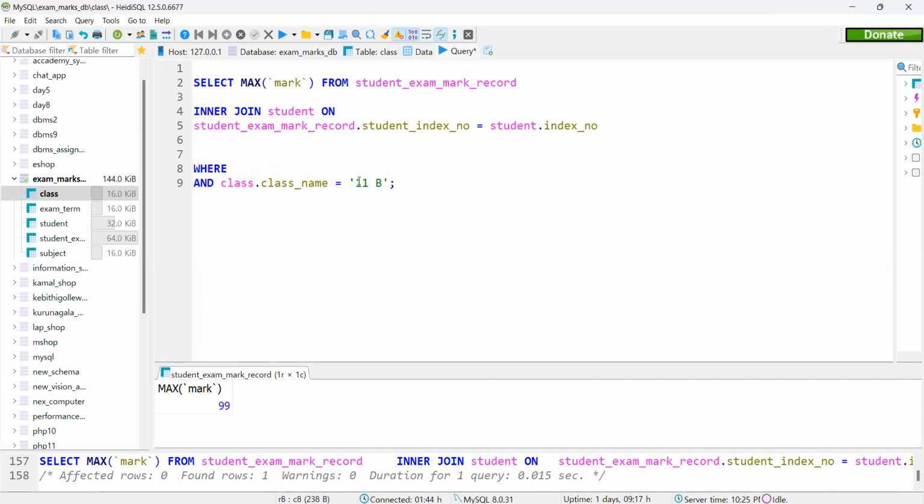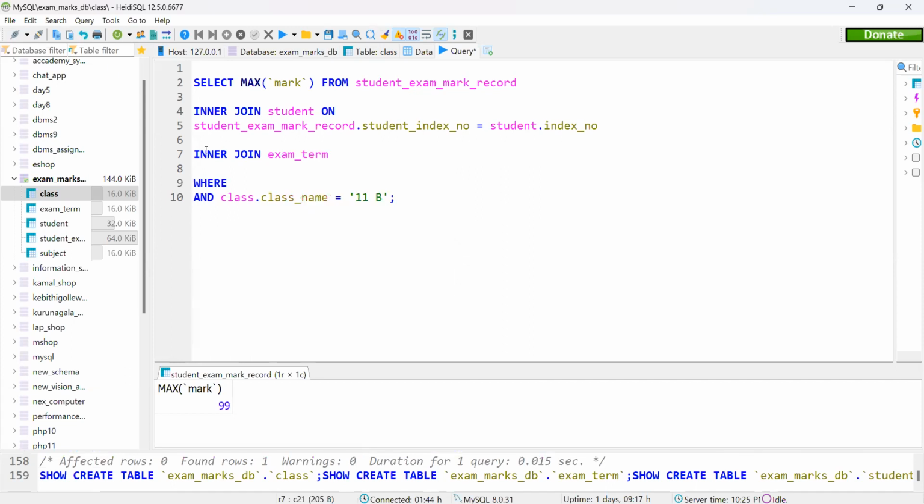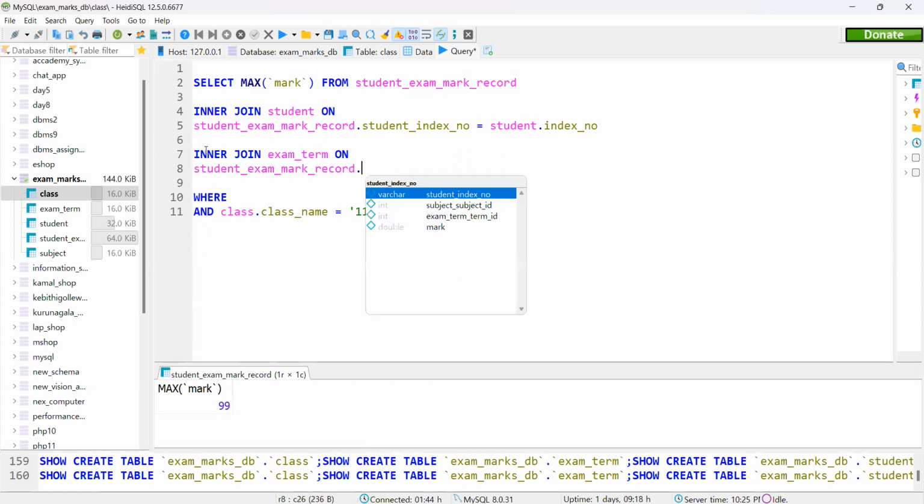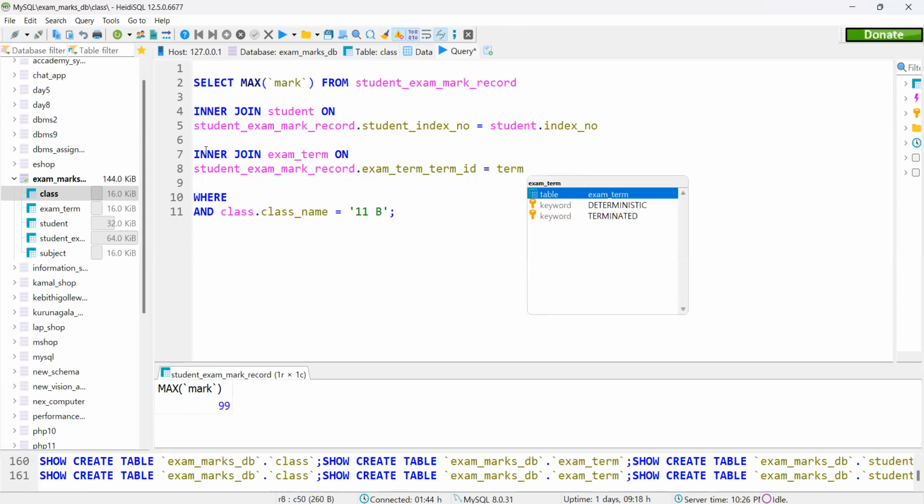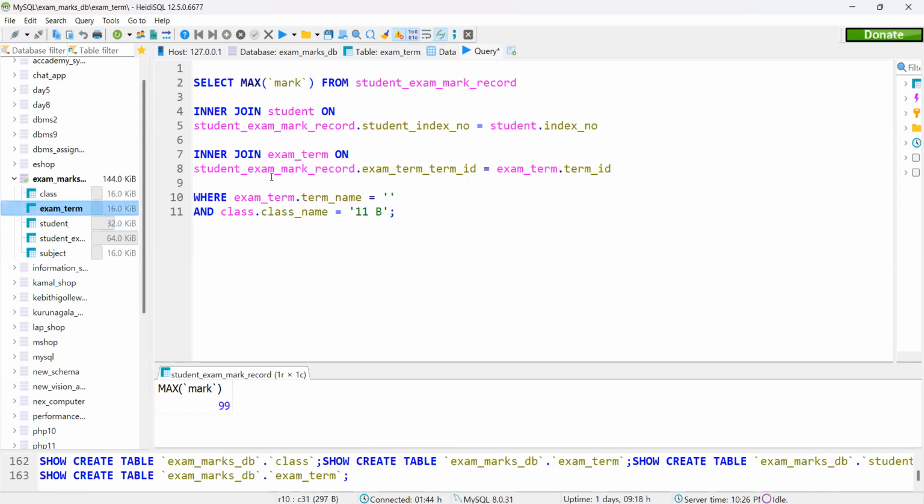We can remove this one, and we have to add our term table on student mark record table term ID and term table term ID, where term table term name equal to first term, as in our question.